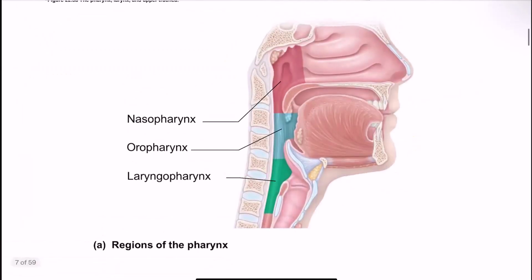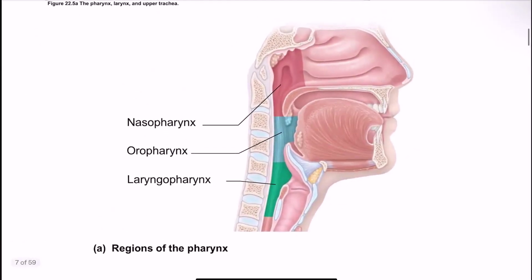The next thing we have to talk about are the regions of the pharynx. The pharynx is the throat, and there are three major regions. First, we have the nasopharynx, that's the pink one. The back part of the nose is the nasal portion of the pharynx. Then we have the oropharynx, the oral cavity part of it.